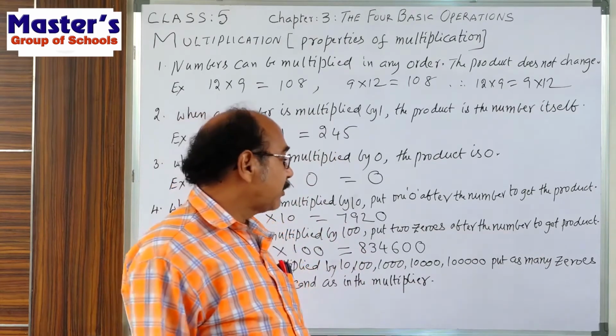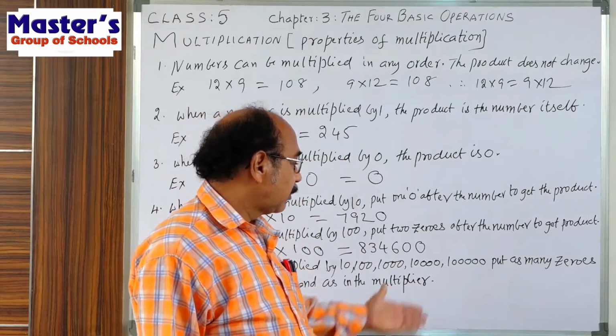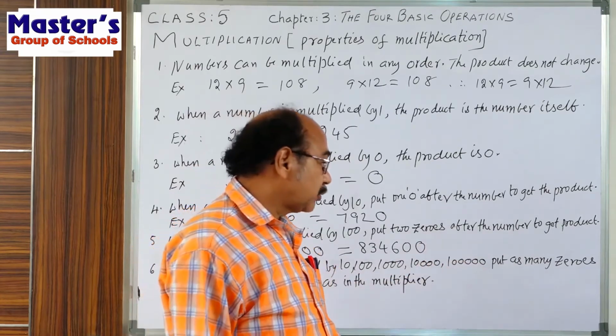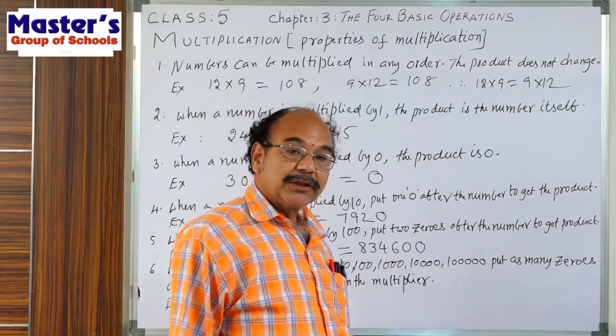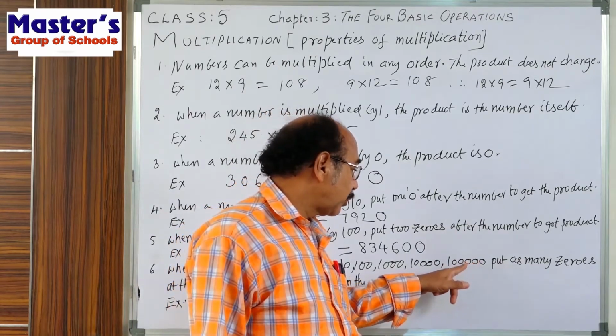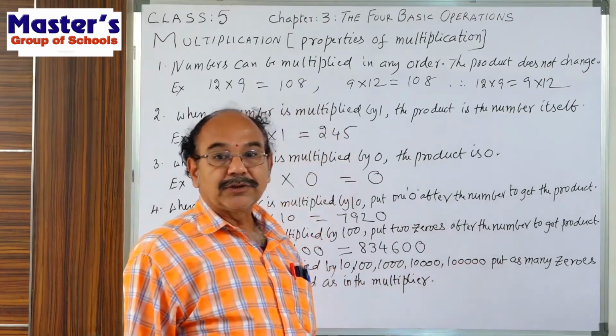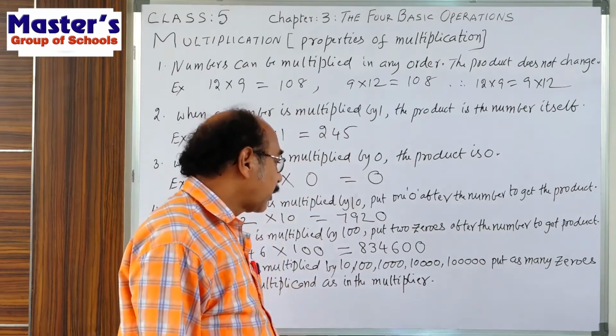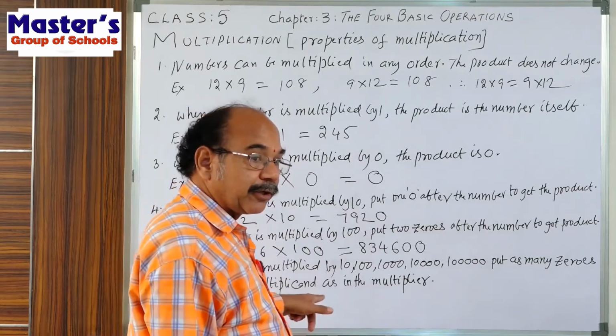If you multiply with 1 lakh, how many zeros we keep after the number? 5 zeros, because in 1 lakh 1, 2, 3, 4, 5 zeros are there. So we keep 5 zeros after the number. That's why he mentioned this point.